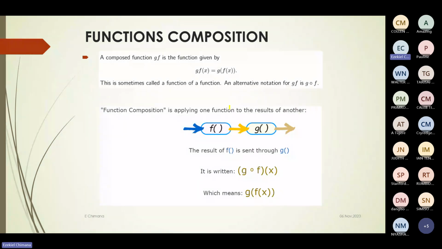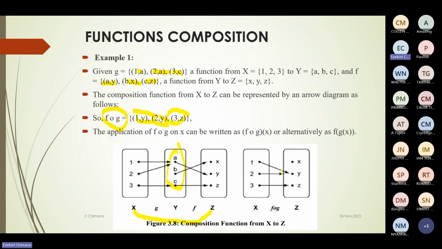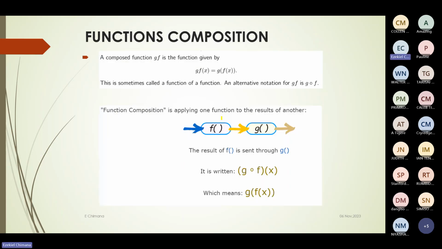Maybe this is just by definition. Here we're using the pictorial representation. But now let's use the alternative notation. A composed function g of f is the function given by g of f of x.